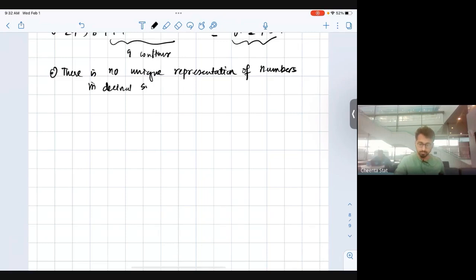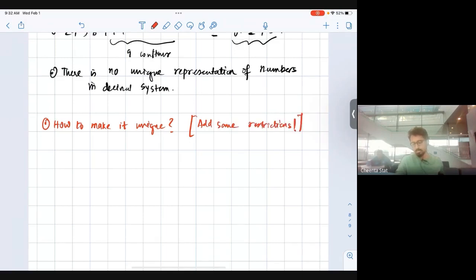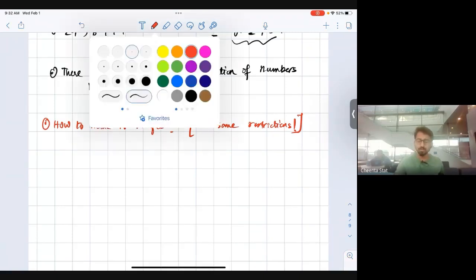So the next natural question that comes to mind is how to make it unique. The basic idea is to add some simple restrictions. How to do that?